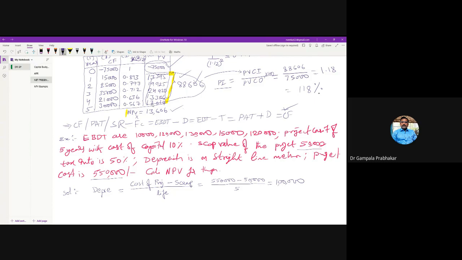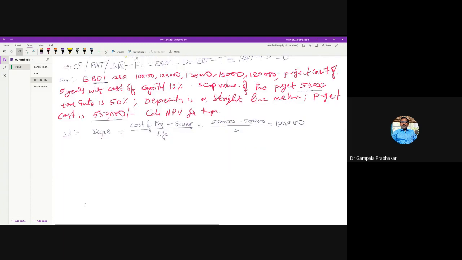Now after calculation of this depreciation, we have to convert the earnings before depreciation and tax into cash flows. For that, simply prepare a table. In the first column, earnings before depreciation and tax.